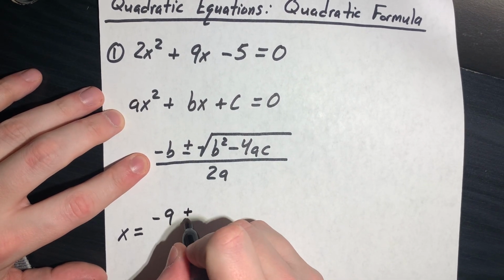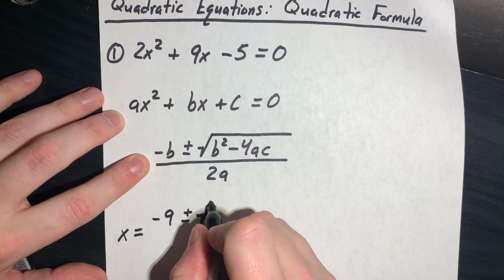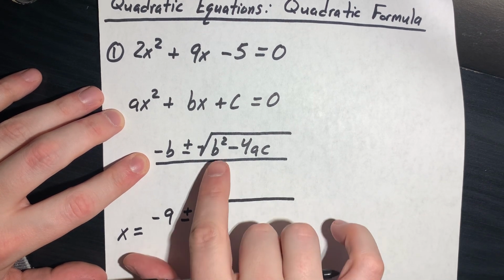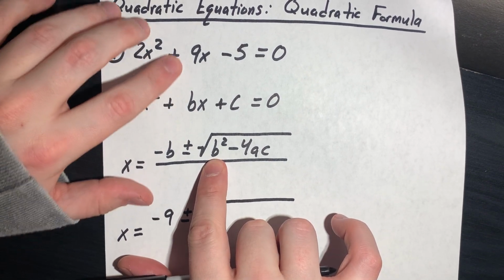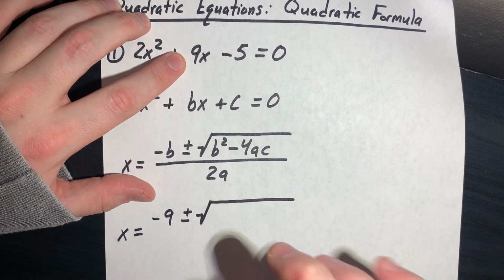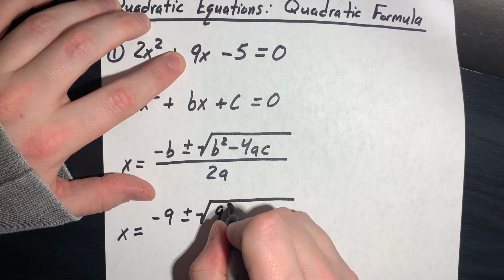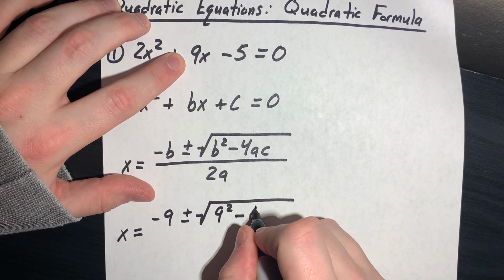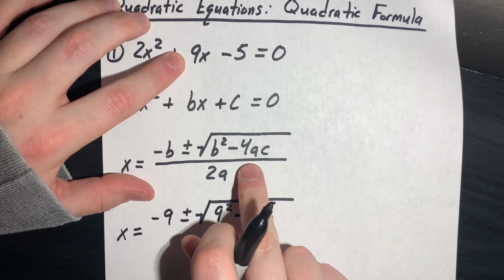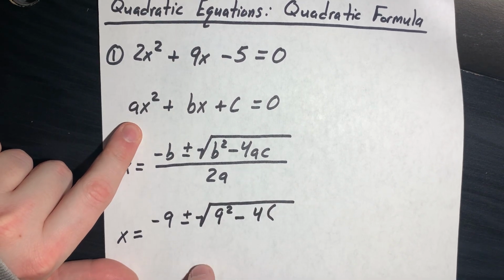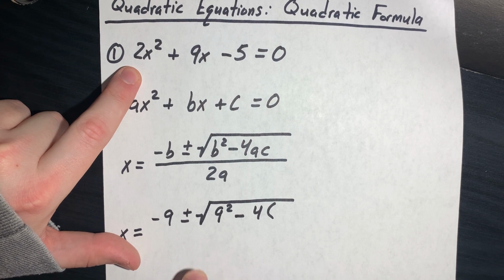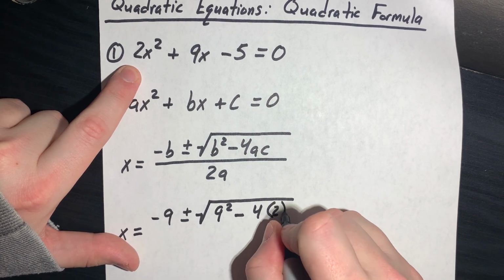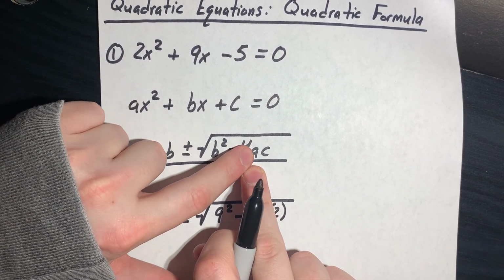Now plus or minus square root of, okay, now b squared. So our b is the coefficient of our linear term. So that's going to be 9 squared minus 4 times a. Now a is the coefficient of our quadratic term, which is going to be 2, and then times c.